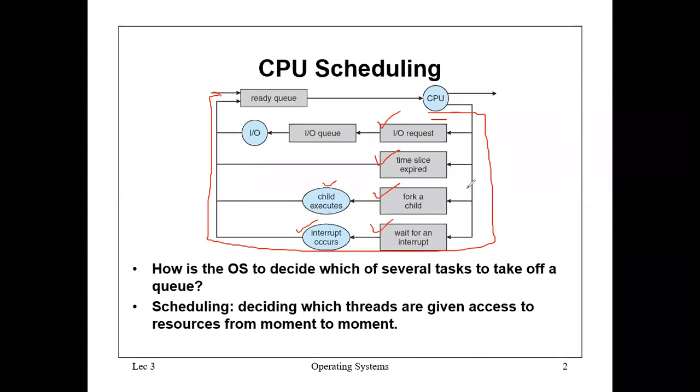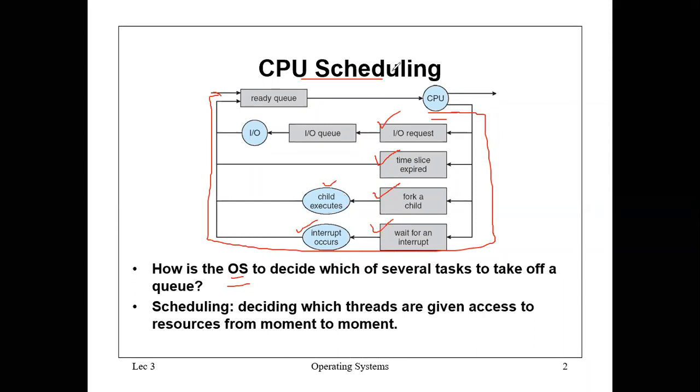So again, in short, CPU scheduling is a set of algorithms that the operating system uses to decide which process or task to do first, or to whom it should allocate the resources it has.